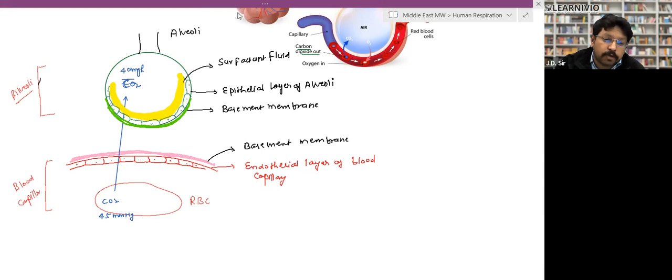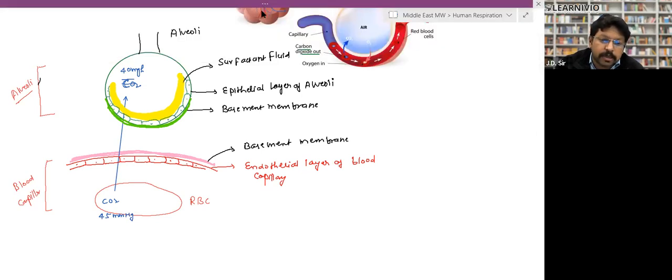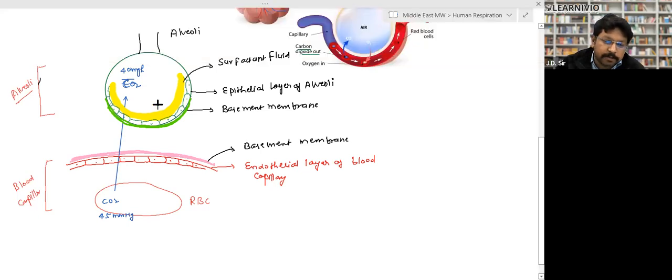If we talk about oxygen, in the case of oxygen, there is something opposite. Oxygen always moves from the alveoli to the RBC. What happens? The partial pressure of oxygen in the alveoli is 104 mmHg, while the partial pressure of oxygen in the RBC is 95 mmHg.